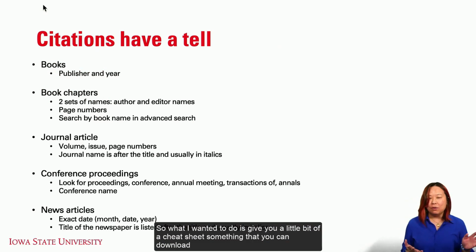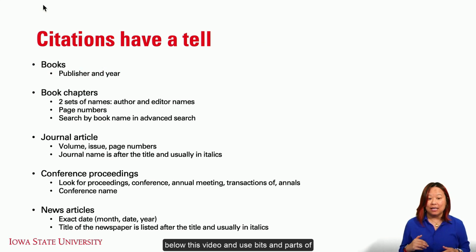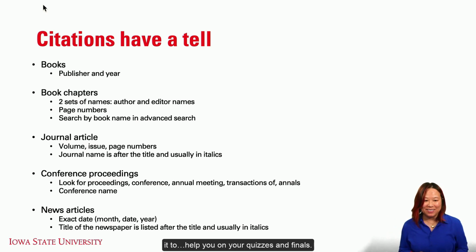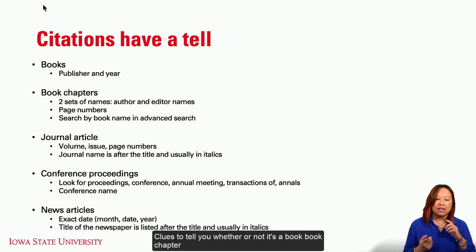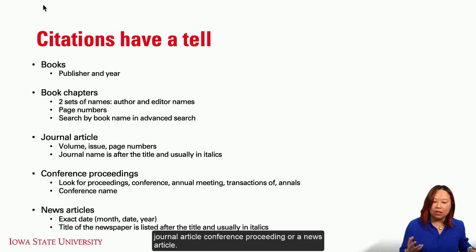So what I wanted to do is give you a little bit of a cheat sheet, something that you can download below this video and use bits and parts of it to help you on your quizzes and finals. Okay, so citations, every single citation that you see has what I call a tell, clues to tell you whether or not it's a book, book chapter, journal article, conference proceeding, or a news article.